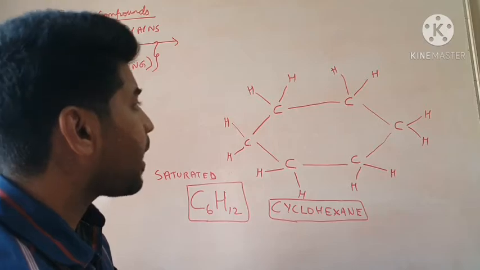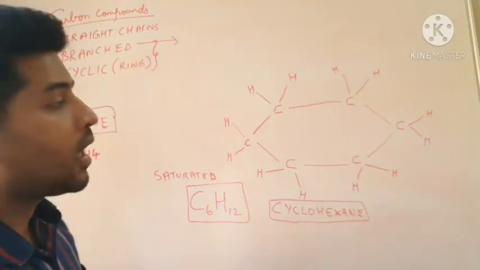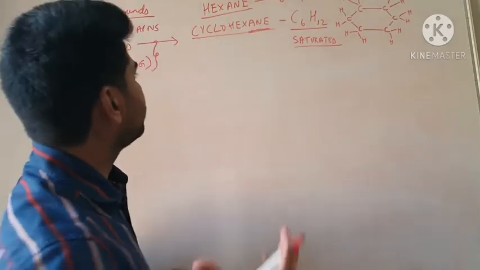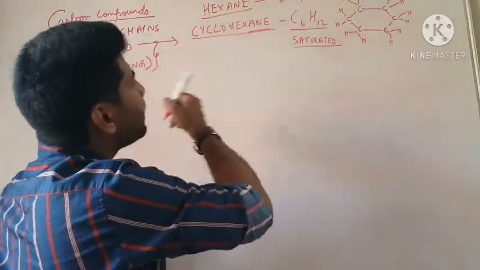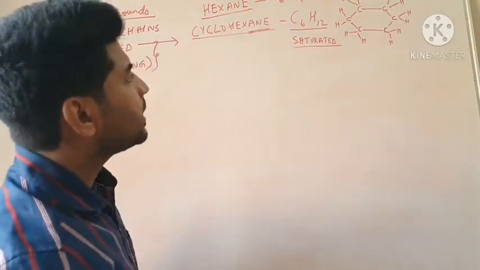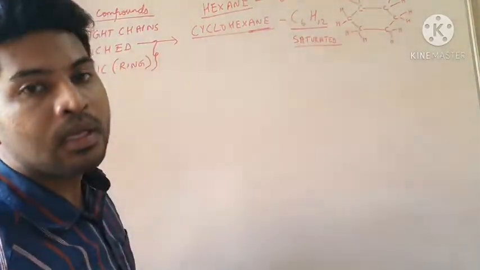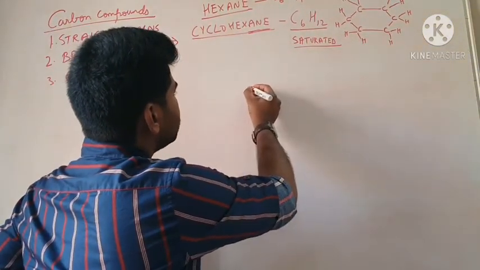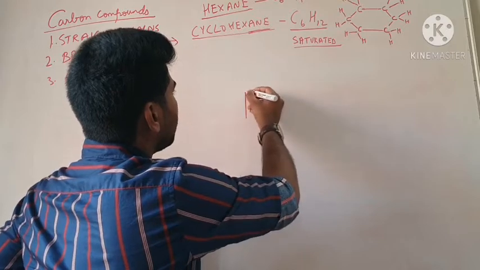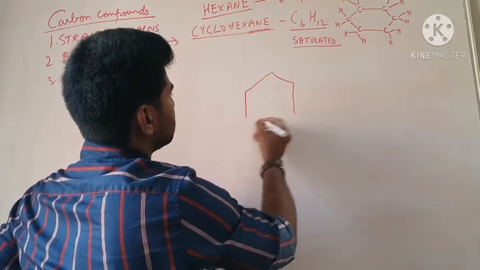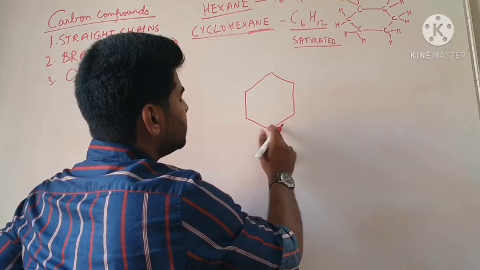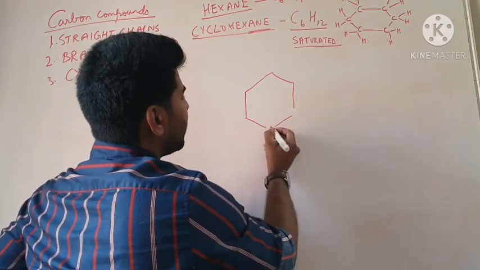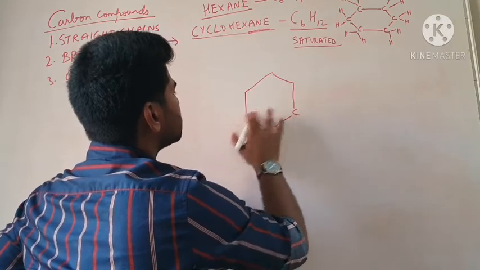Similarly, we can also have unsaturated carbon compounds in the form of a cyclical structure. So let us write for unsaturated using the same hexane. Only thing is that for unsaturated there should be a double bond. So let us write the structure. Once again, draw a hexagon and the vertices will be replaced by carbon atoms.